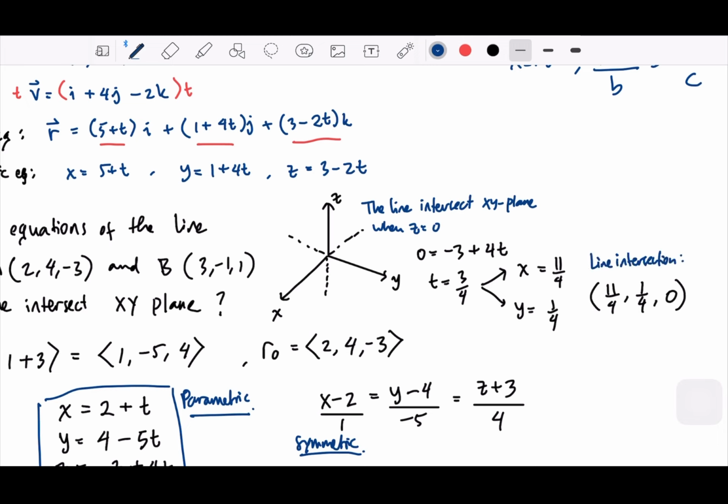So first is parallel. Let's say this is parallel, so we call this parallel. Let's say this is intersect here. This is intersect. And the other one, let's say this is not intersecting, not parallel.